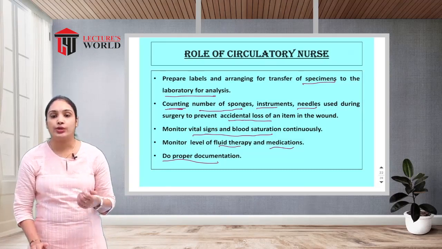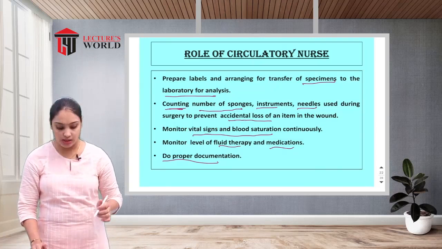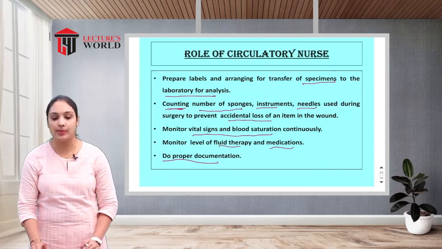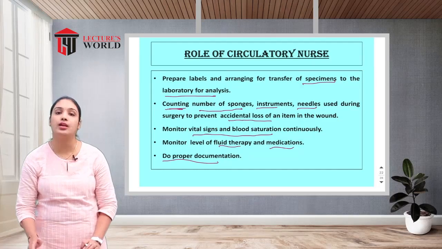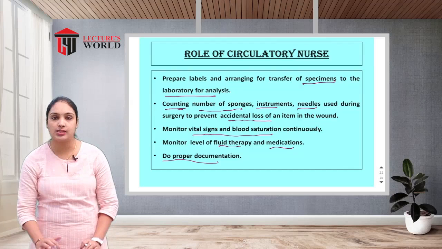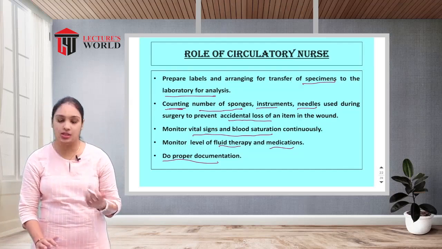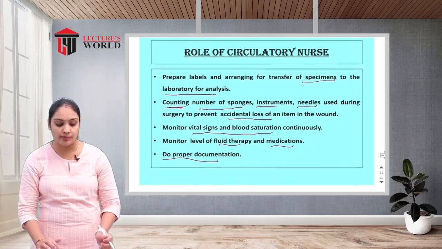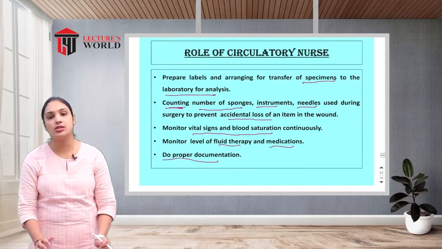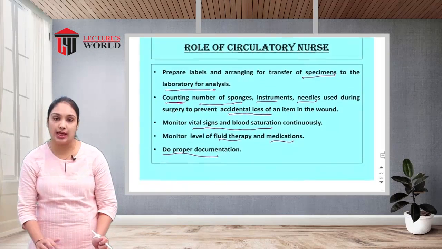Then urine output and drains, all these things she will properly document in the patient's record, and after that she will hand over to the post anesthetic care unit, to the nurse who will take care of the patient in the post operative ward.